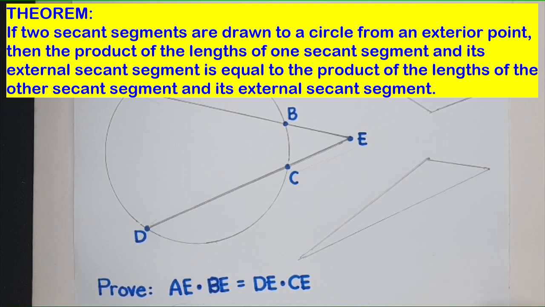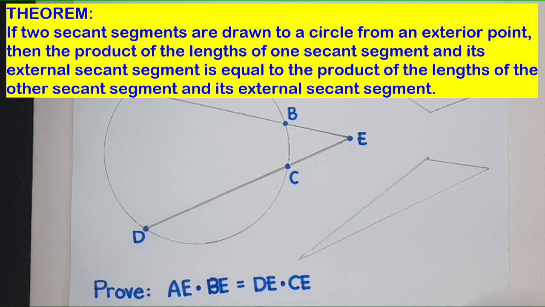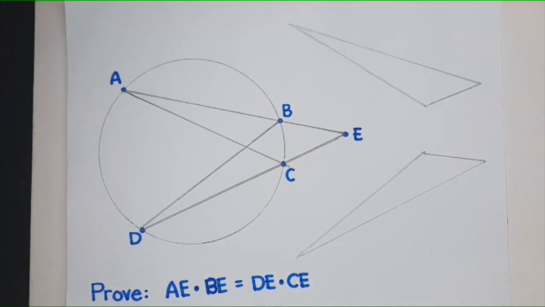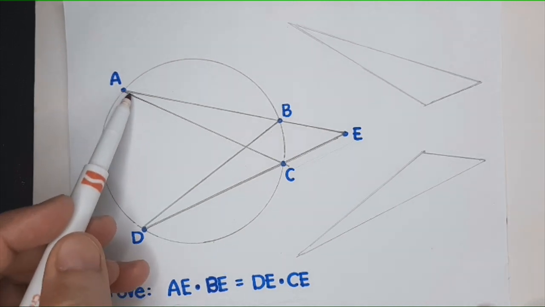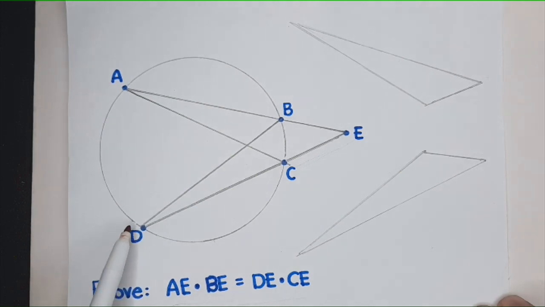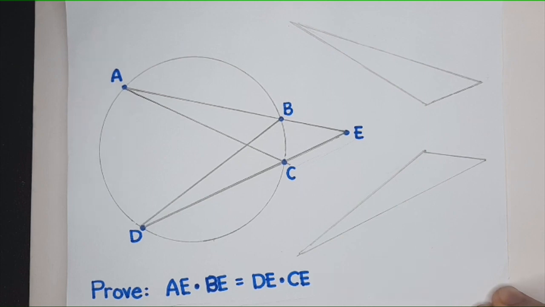We're going to draw chords, line segment AC and line segment BD. Let me do that. So after drawing chords AC and BD, we have like this. Now, do you see the two triangles?